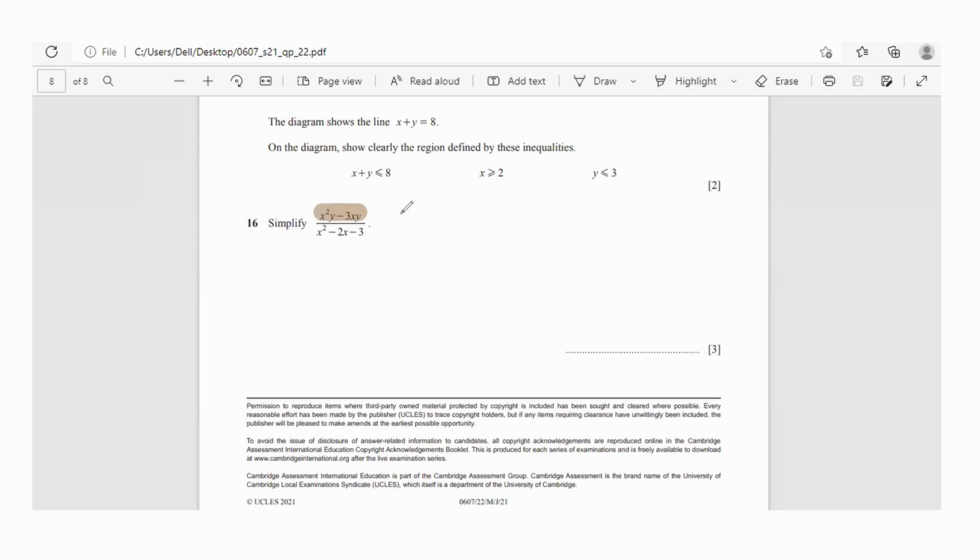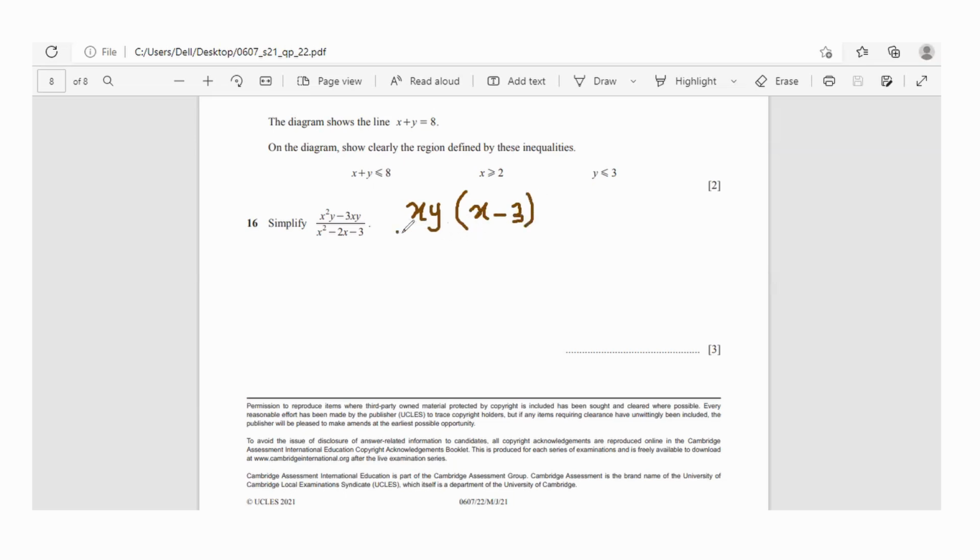Common is xy. Thanks, Aditi. Yes, common is xy. We pull out xy, and what do we write inside the bracket? x minus 3. Good. And now let's move on to the denominator.